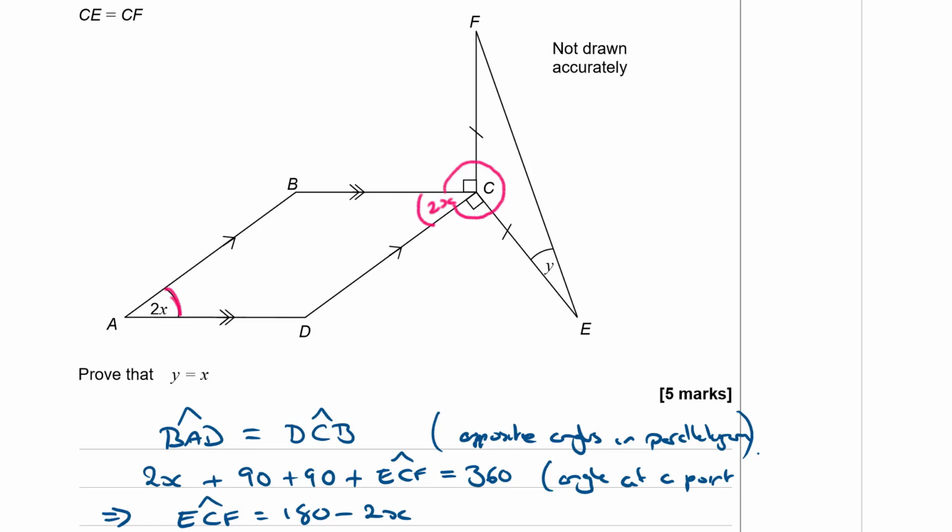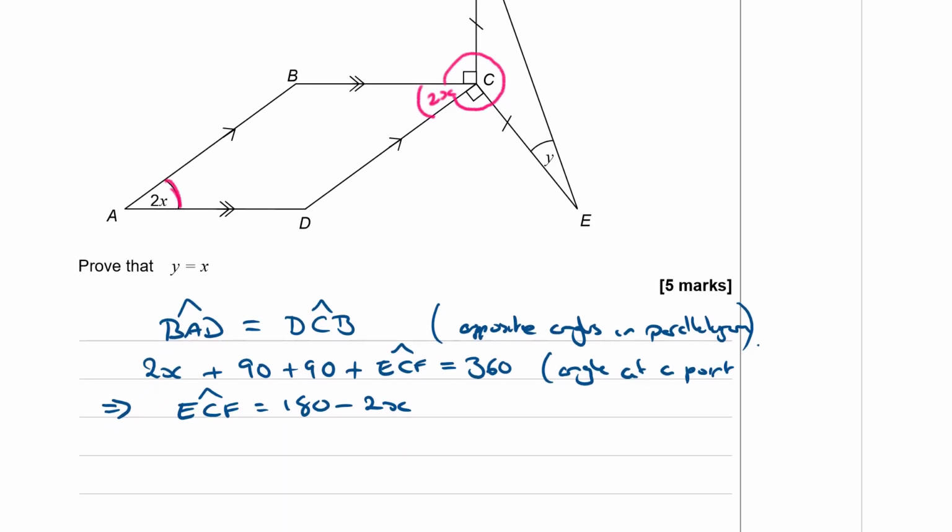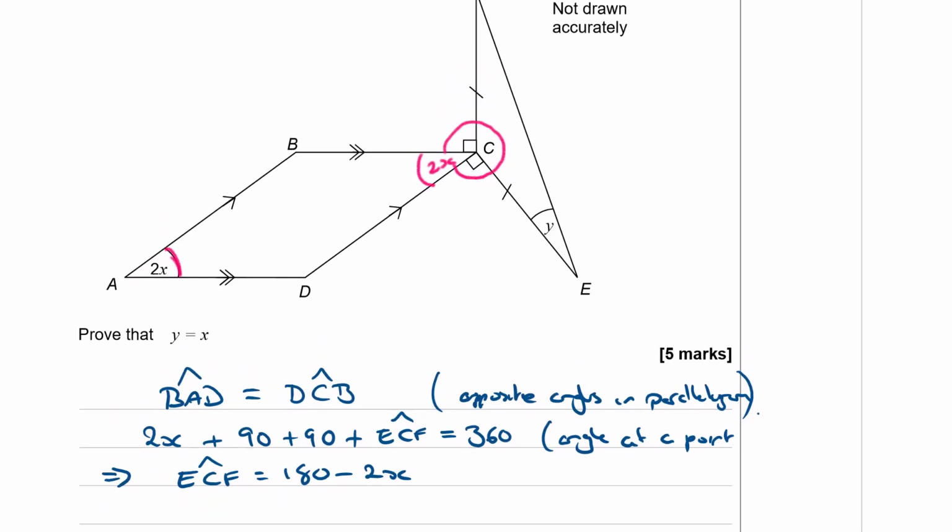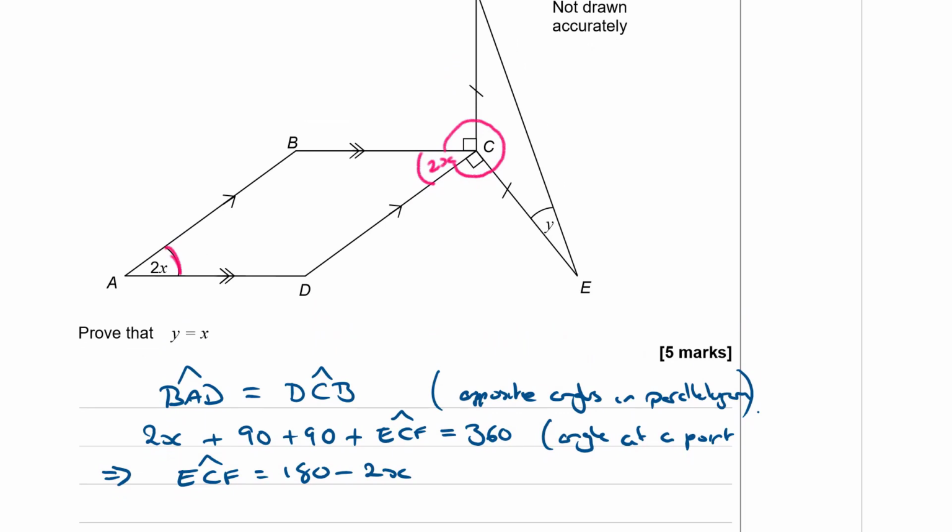Right, so now we know that ECF, which is the top of our isosceles triangle, is 180 minus 2x.